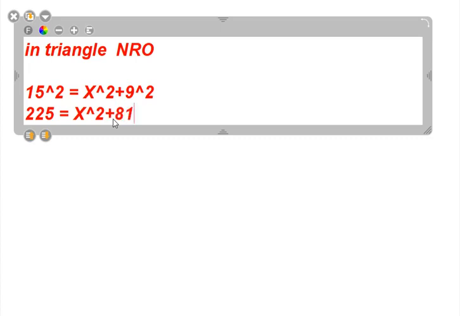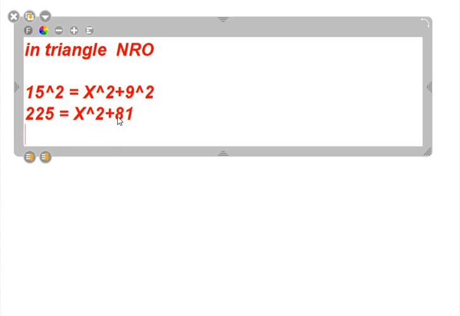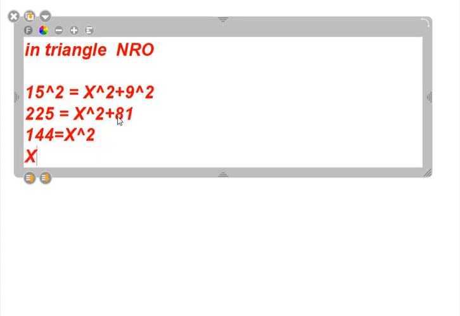If we make x squared the subject of the formula, we take 81 to the other side, and it becomes a minus. So 225 minus 81 is 144. And we have that x squared is equal to 144. But x alone is the square root of 144, which is 12. So that's our x.